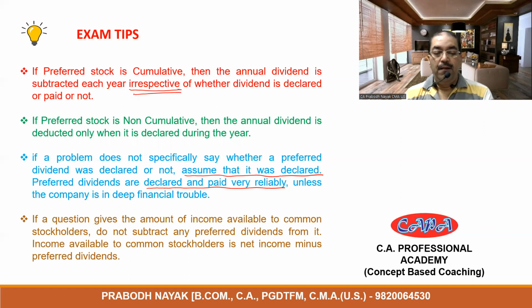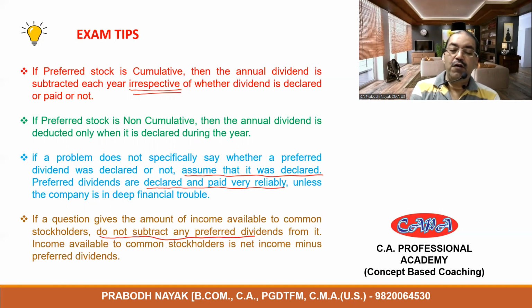Last one. If a question gives the amount of income available to common stockholders, this is a tricky part. This is a very important part. If a question gives the amount of income available to common stockholders, that is already for the final shareholders, do not subtract any preferred dividend from it.